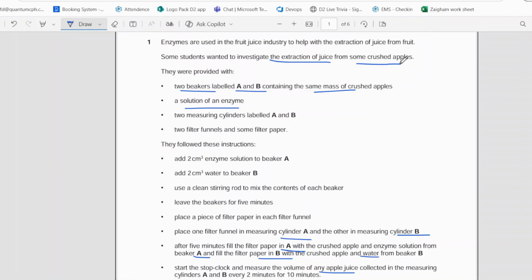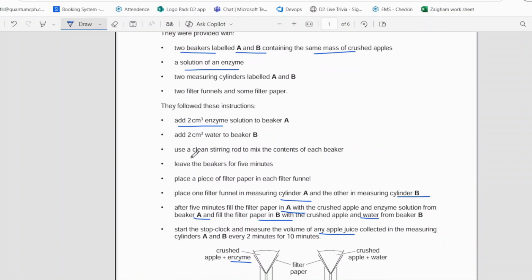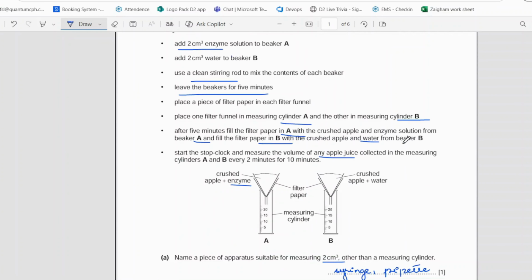Two beakers labeled A and B would contain the same mass of crushed apple. 2 cubic centimeters of enzyme solution is added to both beaker A and beaker B. A stirring rod is used to mix the contents. Then the beakers are left for 5 minutes. Since they are using 5 minutes, we have to mention it.